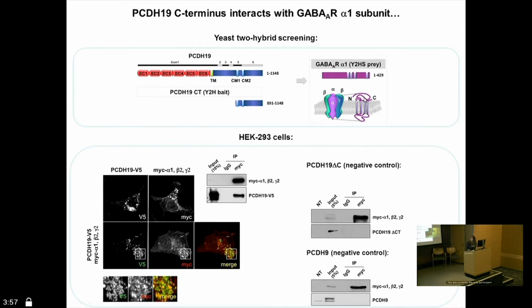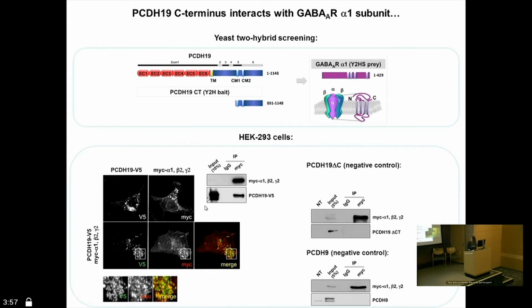GABA A receptors. We identified this possible interaction by using a classic biochemical screening method, the two-hybrid screening. And we validated this interaction by using two different cell models, the HEK cells and neurons.